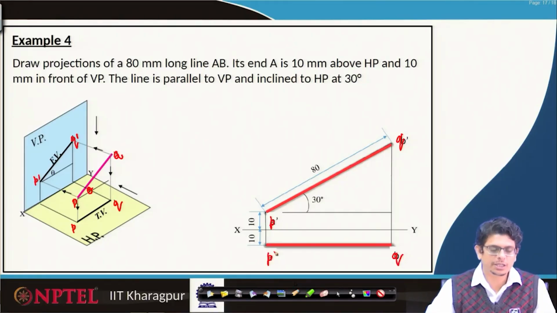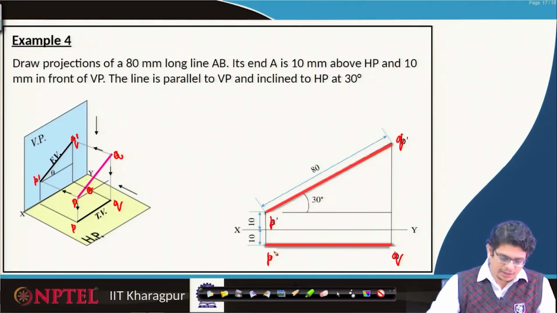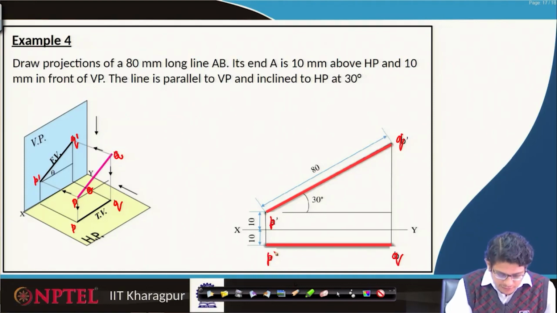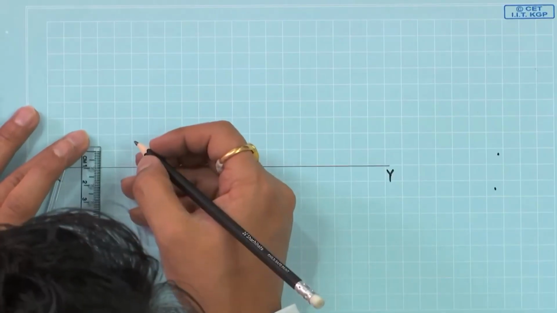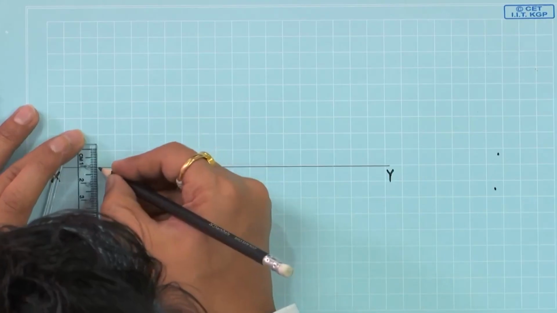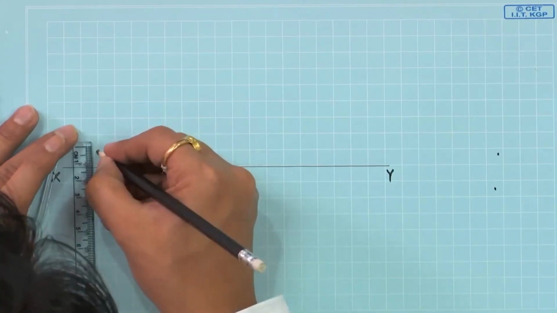First, we have to project this point P to the vertical plane, so that we will get P prime, and that projection is supposed to be 10 mm above it. That means, at 10 mm we have to mark a point somewhere here.